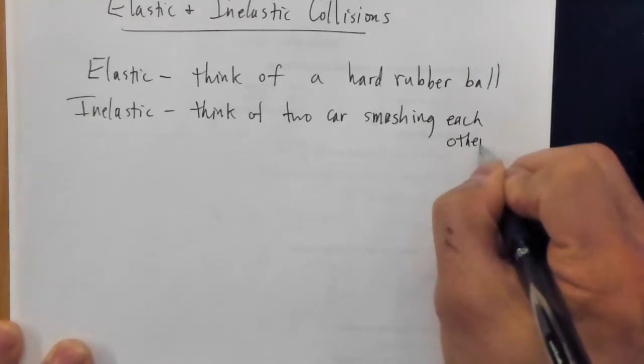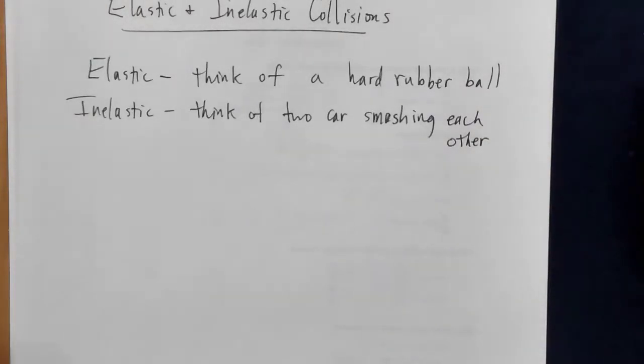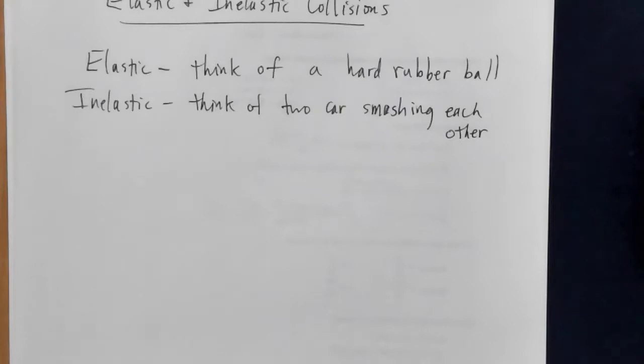So there's kinetic energy loss in that collision. Okay, the first thing I should mention for any collision, I know we already did collisions, but we didn't have this concept of kinetic energy and stuff, so we're kind of going back to it again.